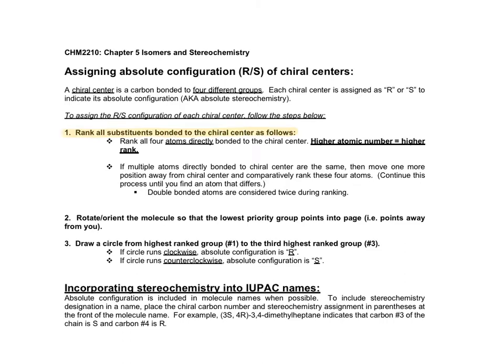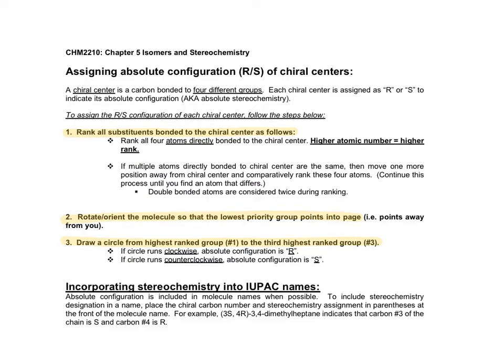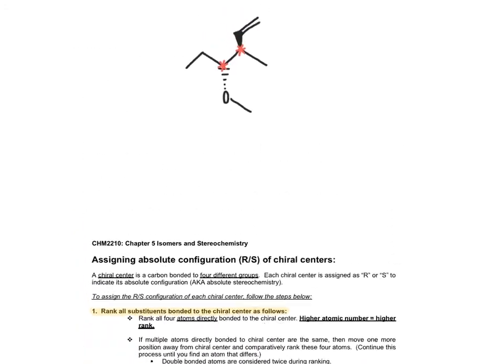After we've done that, we're going to orient the molecule so the lowest rank group points away from us, or we'll use that hack that we talked about in the last series, where if the lowest rank group pointed toward us rather than away from us, we could flip what we came up with as the assignment, R to S or S to R. And we're going to use that to go about assigning this molecule.